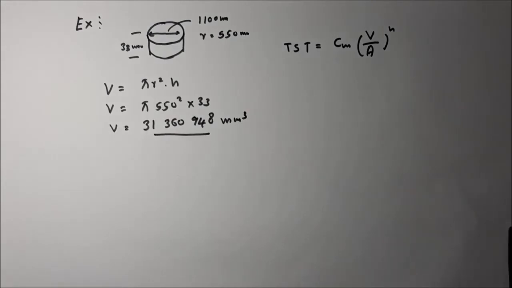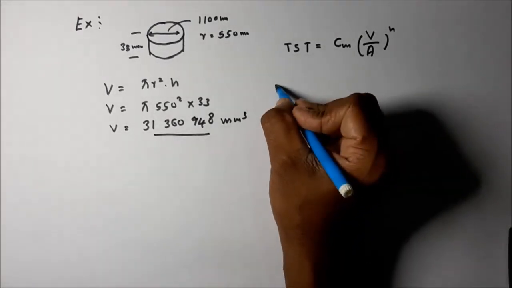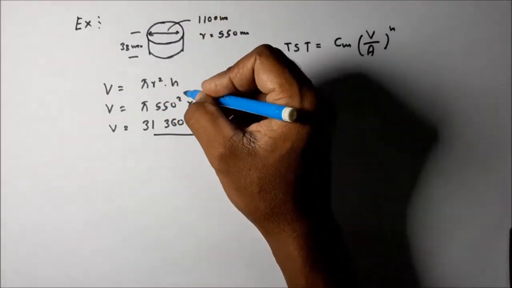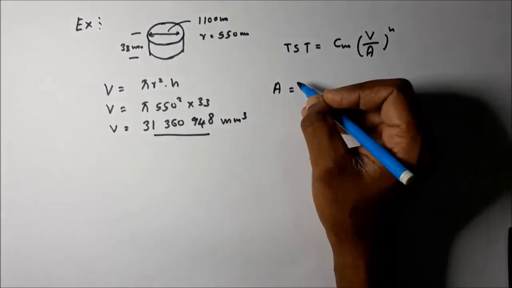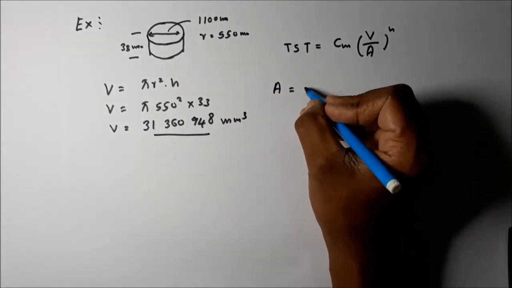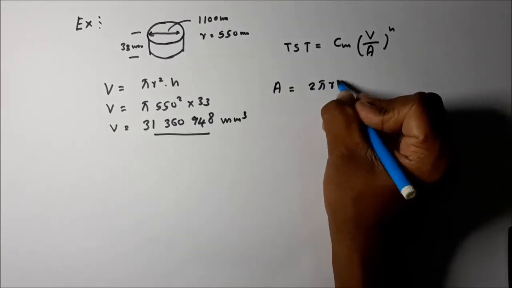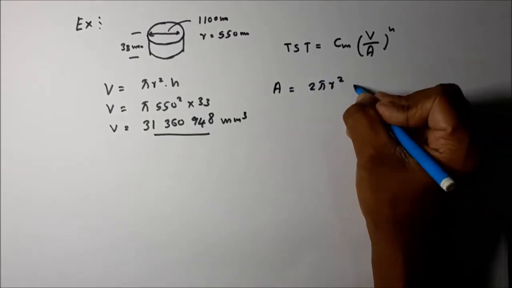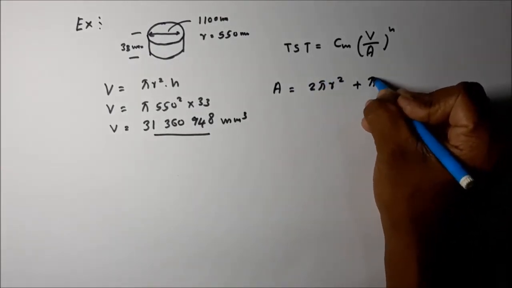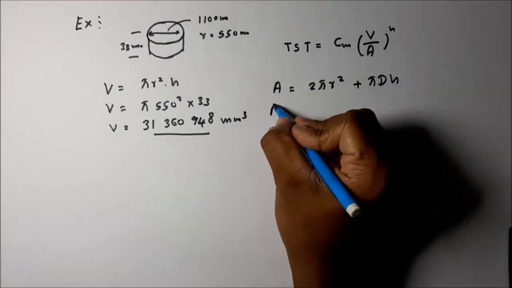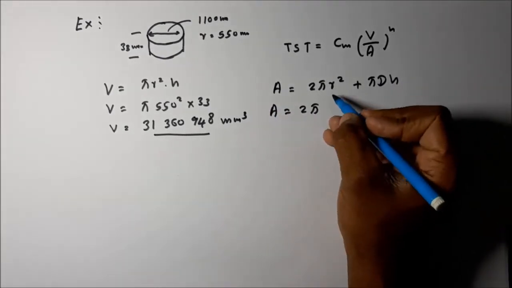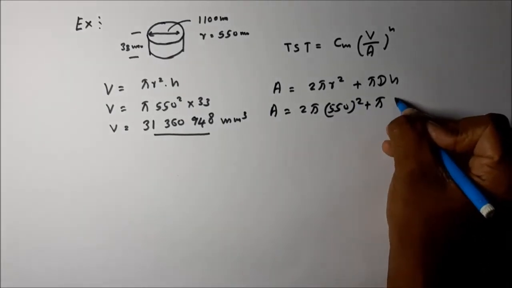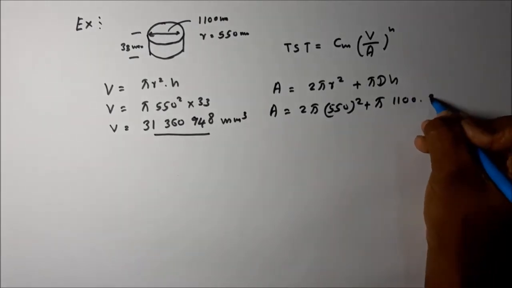Then we have to calculate the surface area. Surface area is equal to the two circular surface areas and also the cylindrical part. That is 2πr² plus πdh, that is 2π times 550 squared plus π times diameter 1100 times h, 33.